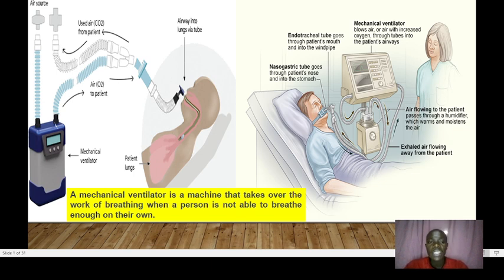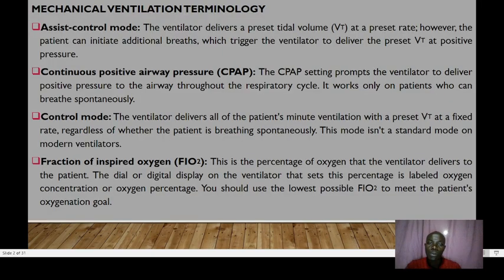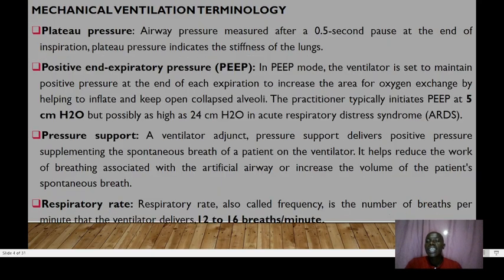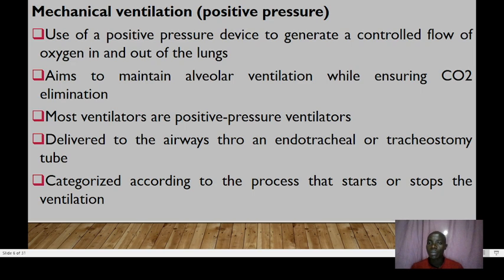So the mechanical ventilator is just to deliver this enhanced air with enhanced oxygen through the tubes to the patient airway. Equally, carbon dioxide from the patient will also be eliminated, and in this case we will be supporting the breathing system of the patient.